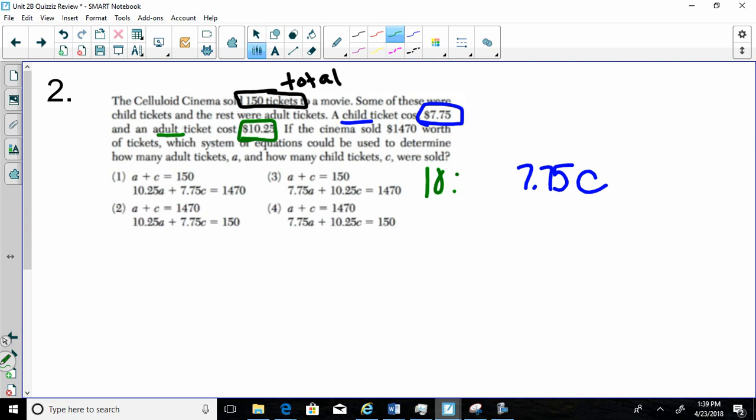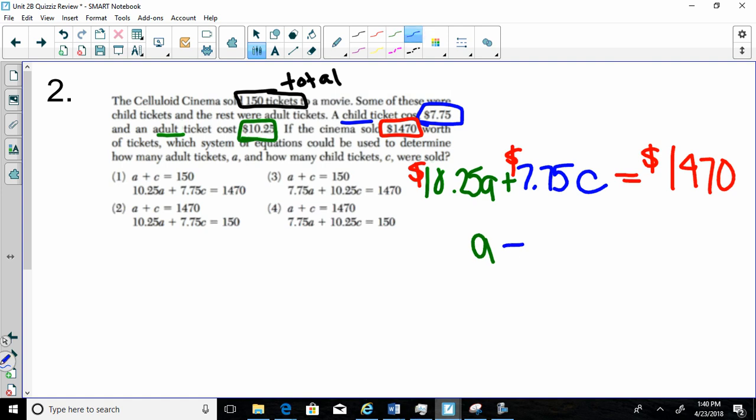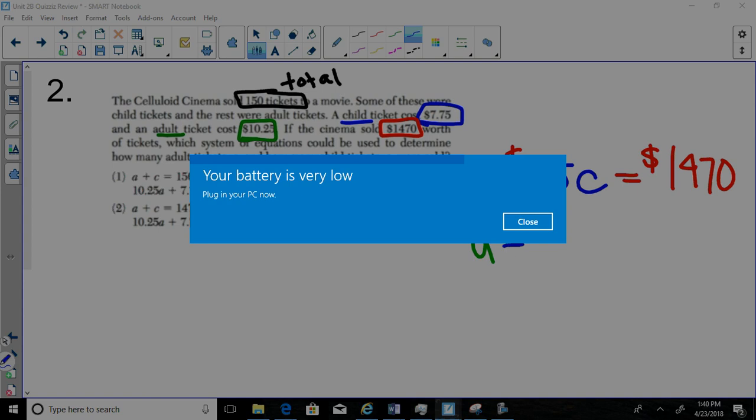And they want A first. So $10.25A plus $7.75C. And how much money total did they sell? Cool. Remember, money goes with money. So if it's $10.25 per adult ticket and $7.75 per child ticket, what's the total money? $1,470. Perfect. Then no matter what an adult ticket costs and no matter what a child ticket costs, how many tickets did they sell?